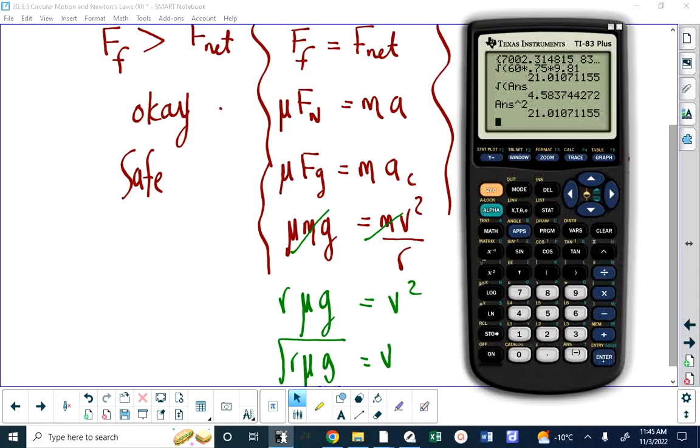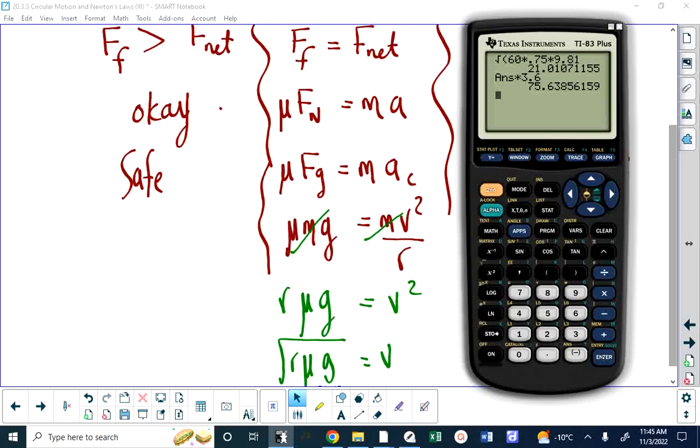This is the maximum safe speed. I'm going to do that again. Square root of 60 times 0.75 times 9.81. This is the maximum safe speed, the answer to the third question. If I multiply by 3.6, it's somewhere around 76 kilometers per hour.